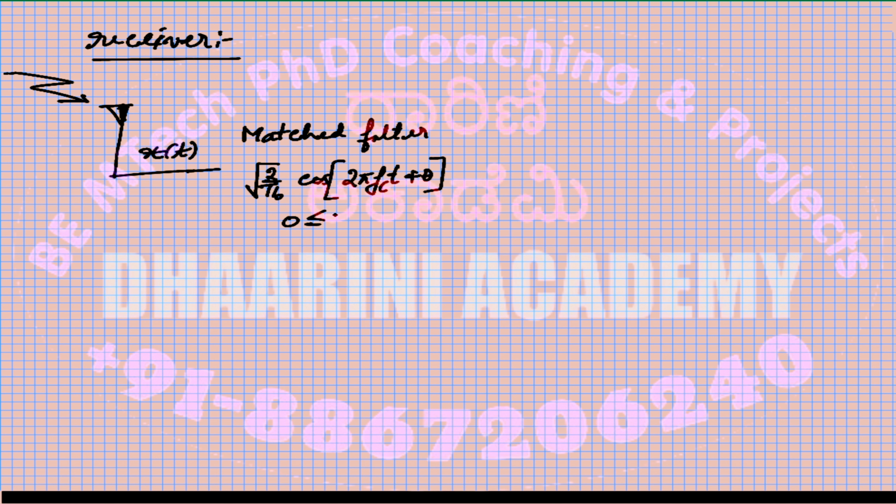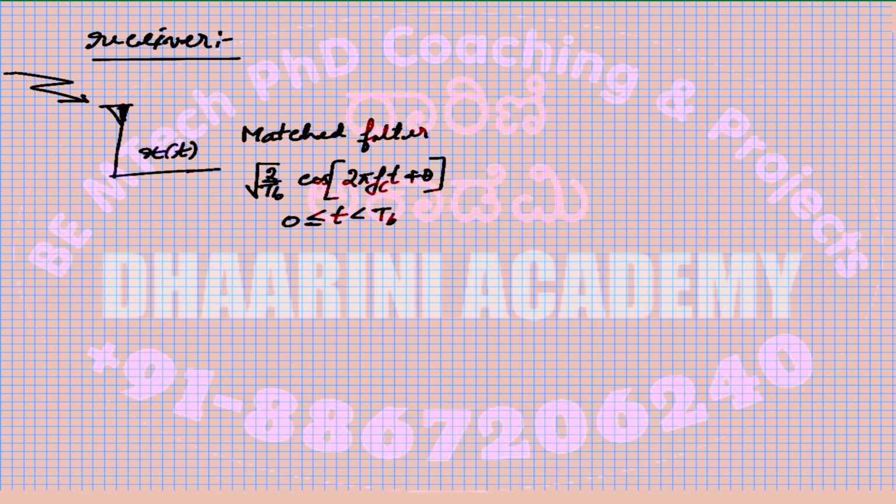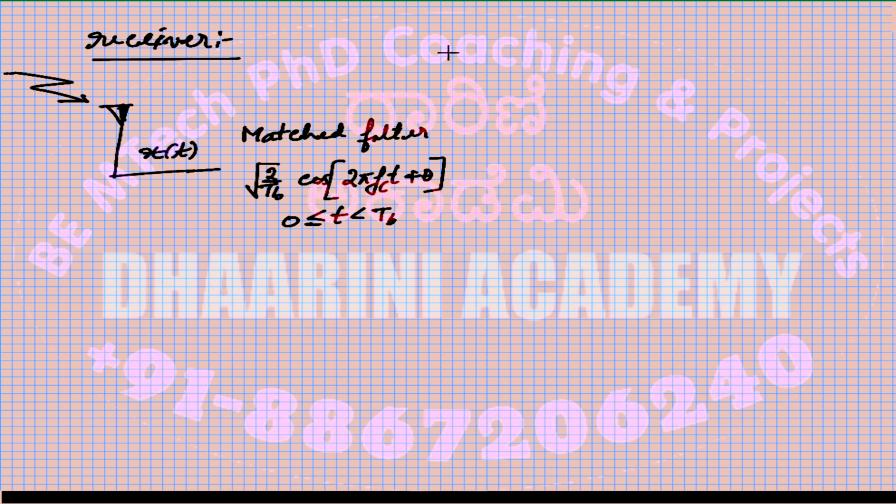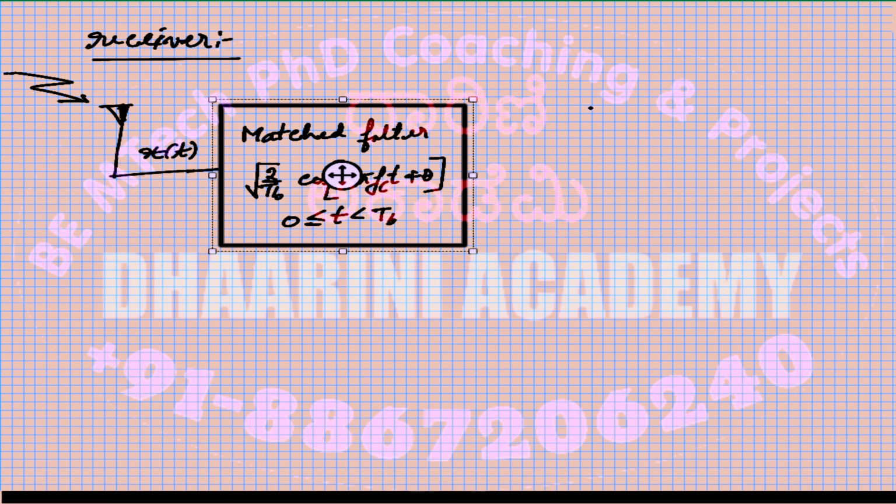Again, this is for 0 less than t less than or equal to TB. This is the matched filter that is present at the first stage. Then the matched filter convolves x of t with this matched filter's impulse response, and it produces y of t.